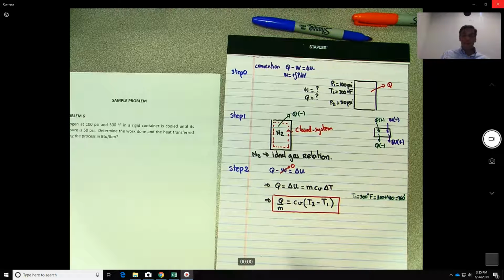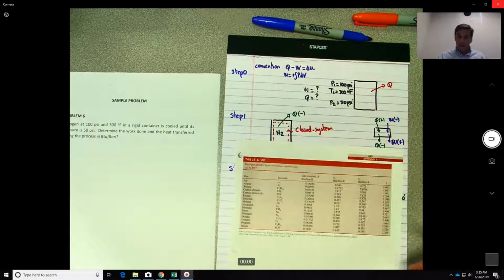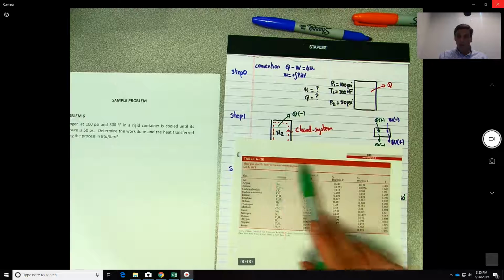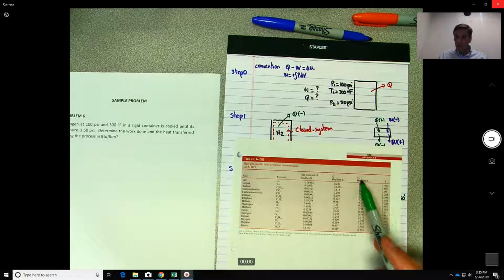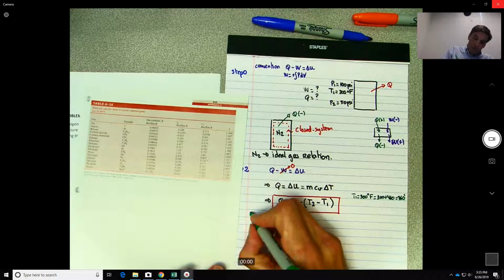Cv is a specific heat, and it is specific to each gas. In order to find it, we go to table A-2E on page 933 of the Çengel textbook. For nitrogen, Cv, because this is constant volume, you will find that it's equal to 0.177.